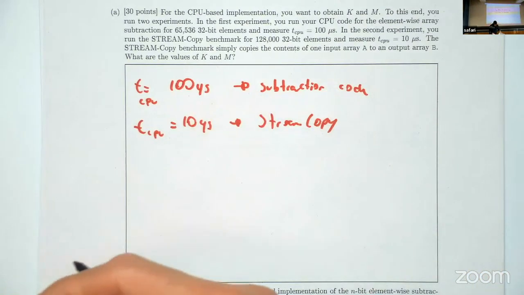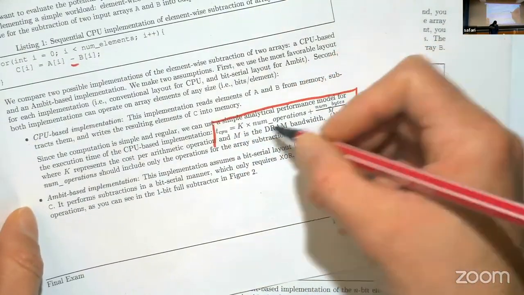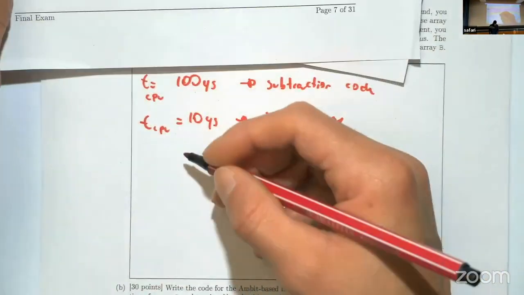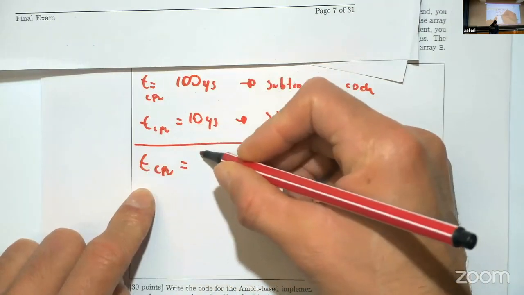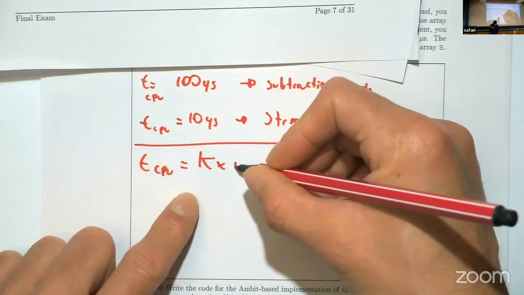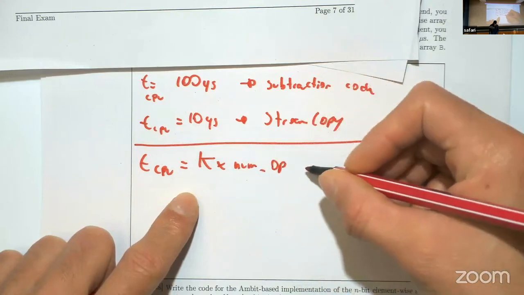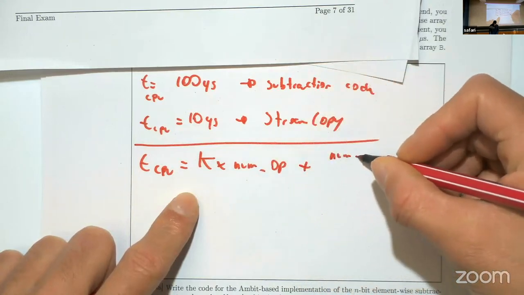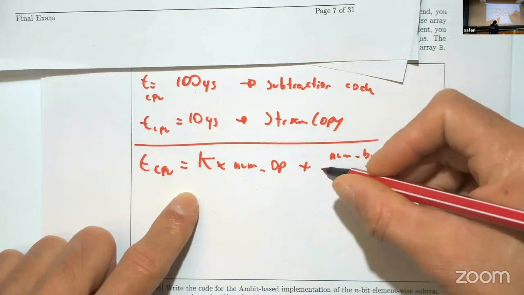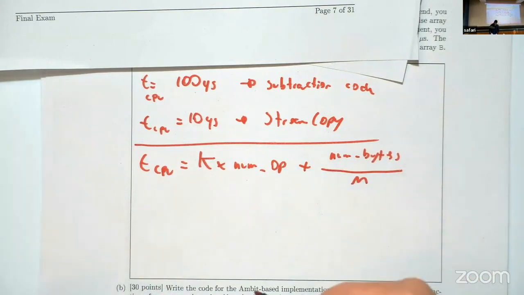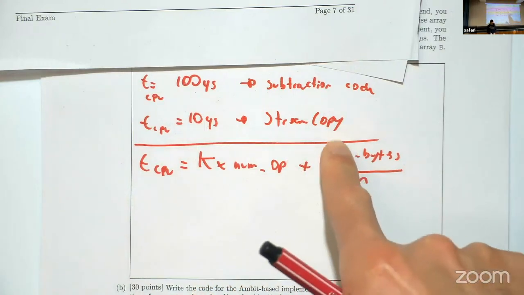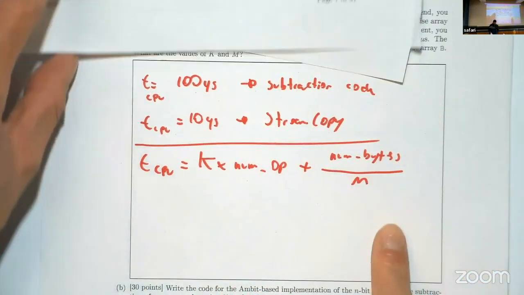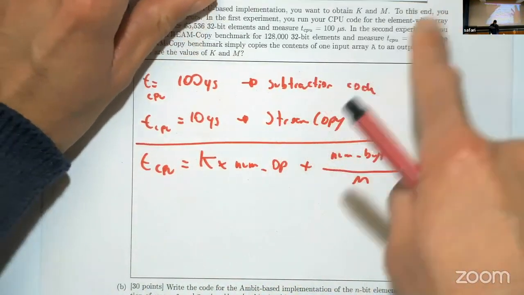So recall, this is the equation that we're going to be using. The time CPU is equal to K times num operations plus num bytes divided by M. The easiest way to figure this out is first calculating the value of M based on the stream copy, because as the question tells you, stream copy does not do any operations, it's just a copy.